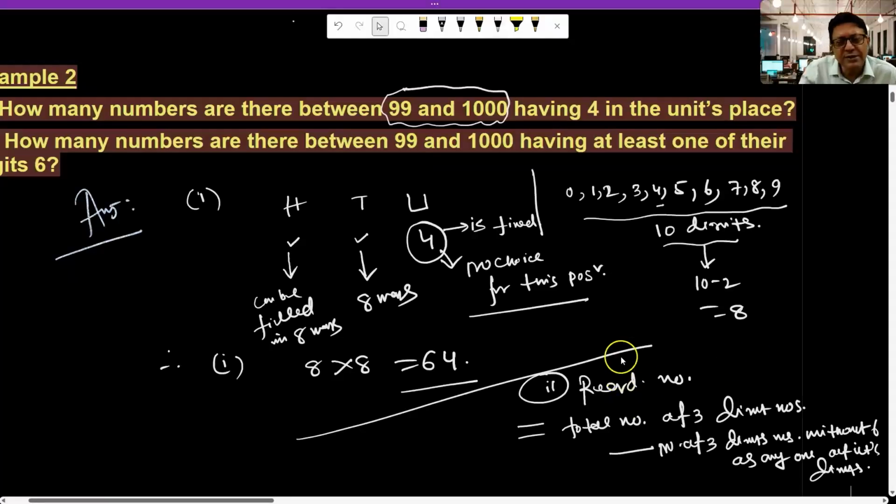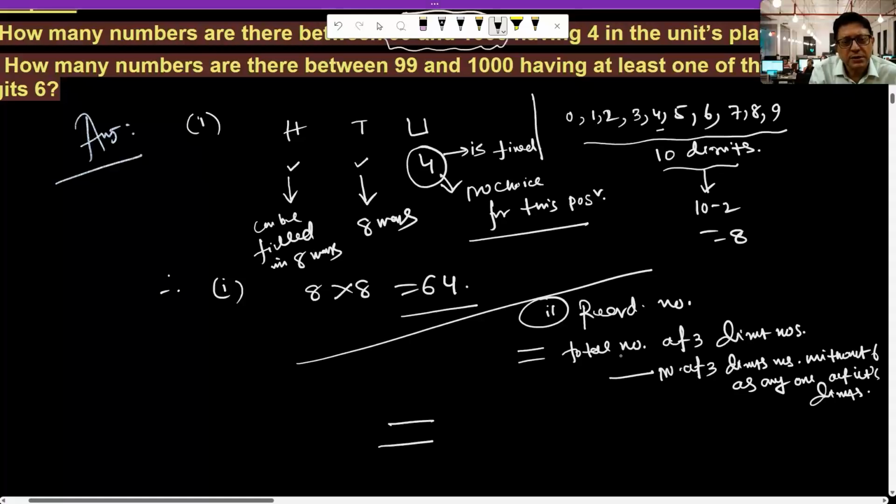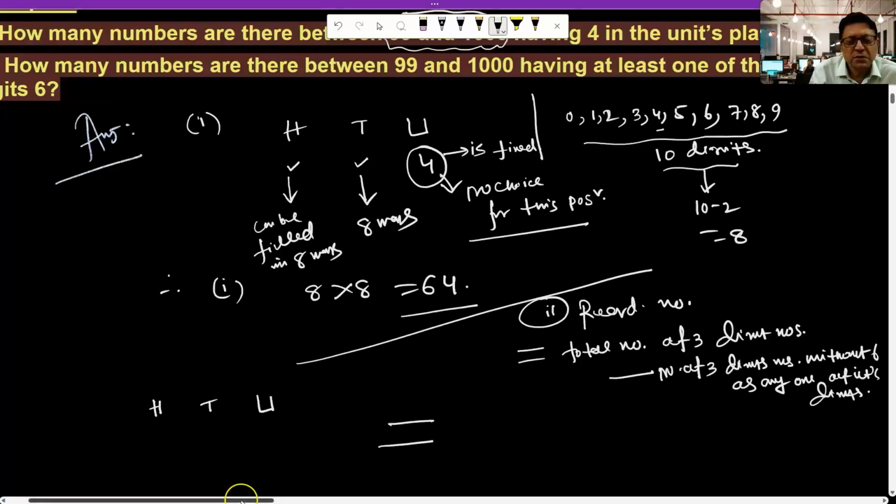You understand this? Total number of 3-digit numbers: units, tens, 100. This place, how many ways? There is no choice for it. Previously the units digit 4 was fixed, but here it is not fixed. And we will not pay attention to the units place.